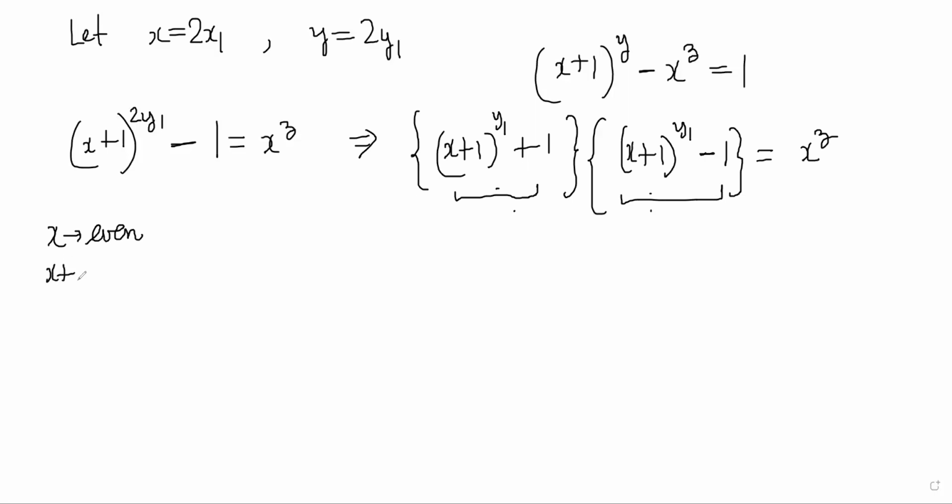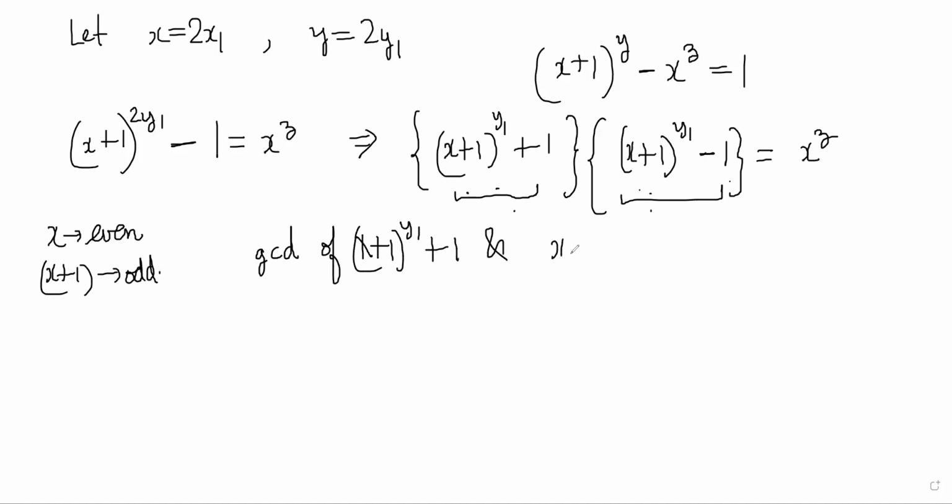And x plus 1 is odd, and we can say that an odd number to some power is odd. Odd plus 1 is even, and odd minus 1 is also even, right? So it is clear that the GCD, greatest common divisor, of x plus 1 power y1 plus 1 and x plus 1 power y1 minus 1 is 2.